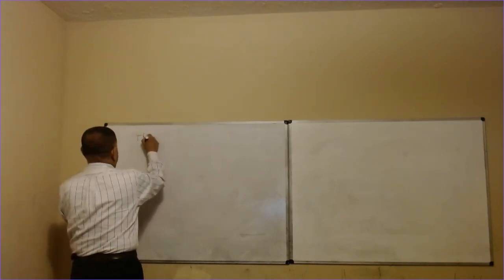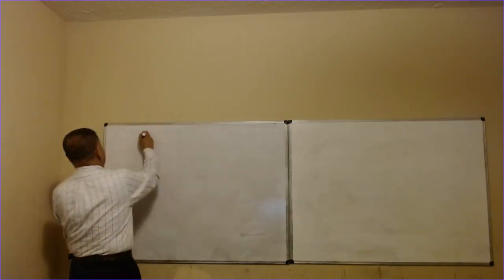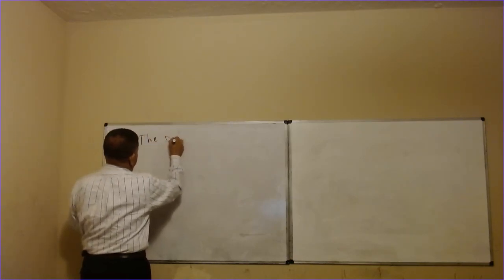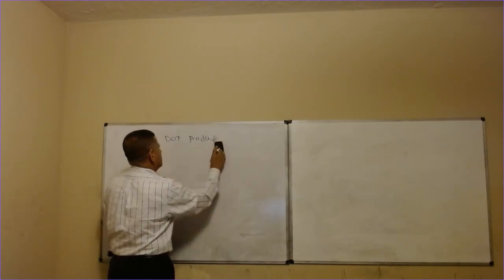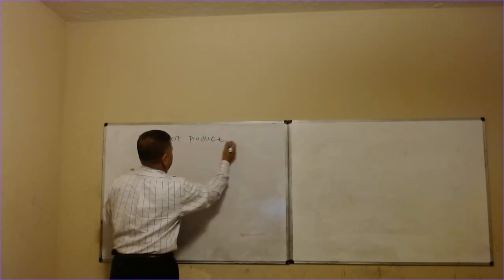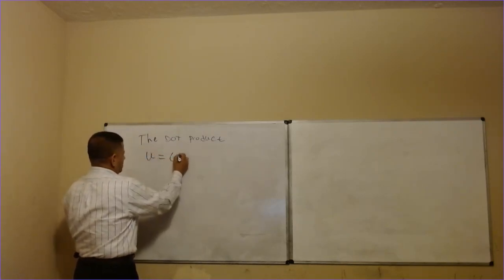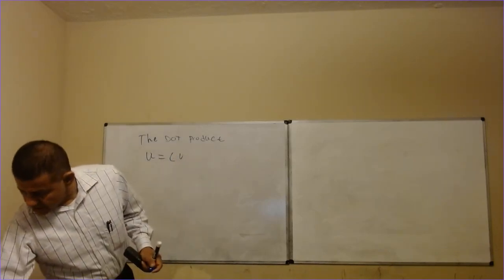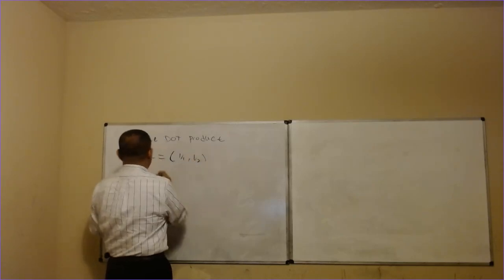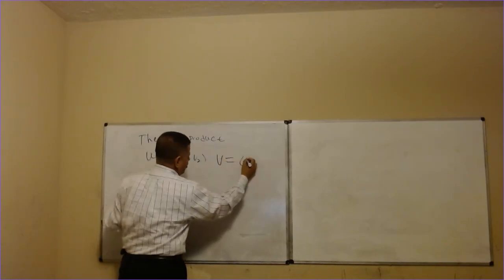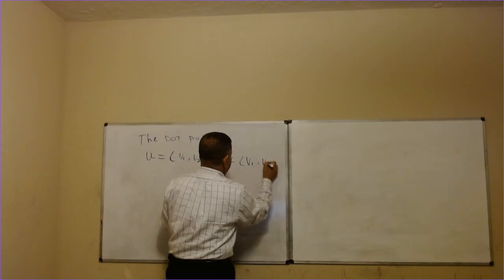So the dot product is usually represented by, we have already studied this, vector U equal to U1, U2, and vector V is also V1, V2, right?